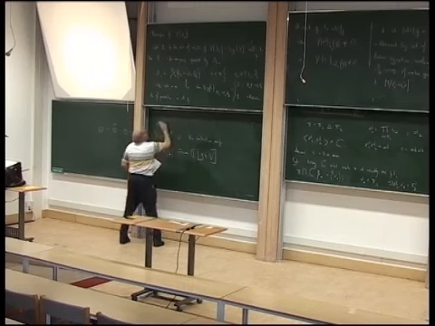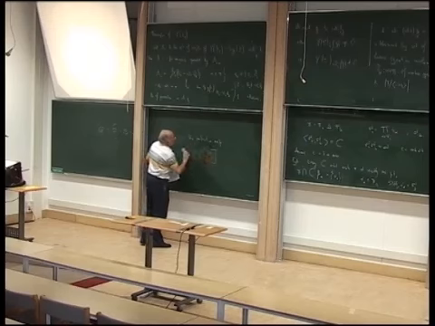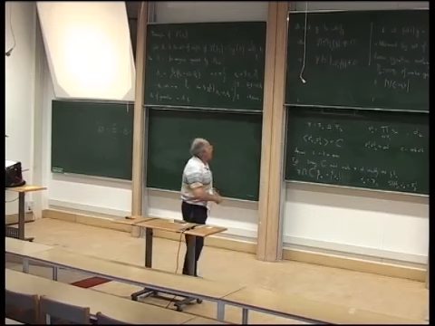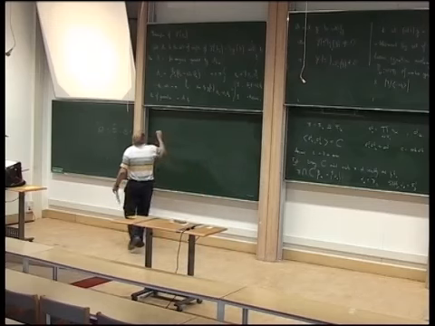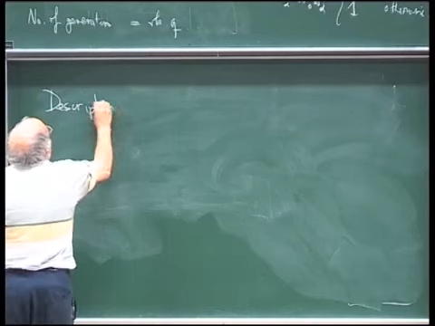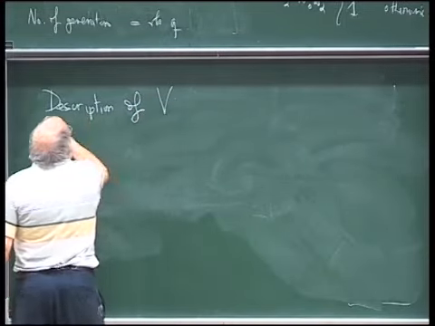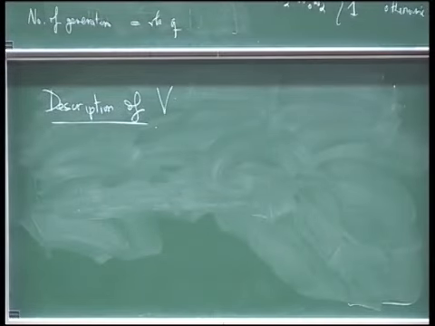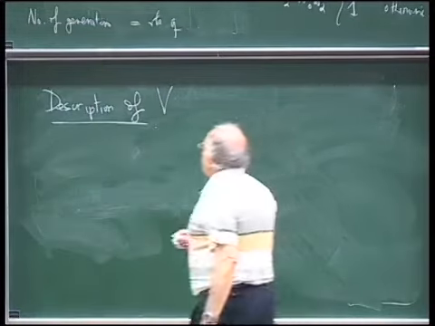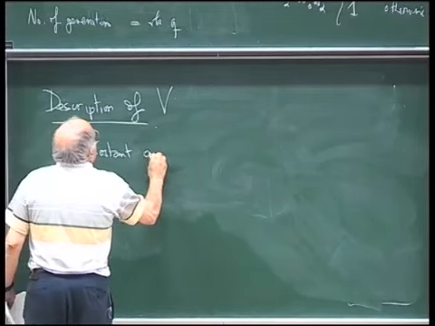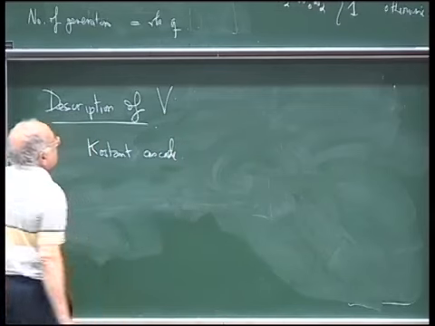So let me give a description of C, a description of V. And really I just want to give the coincidences. So we've described Y, now what about V? Well, there's something which is now called the constant cascade, which is very fundamental in this whole business.